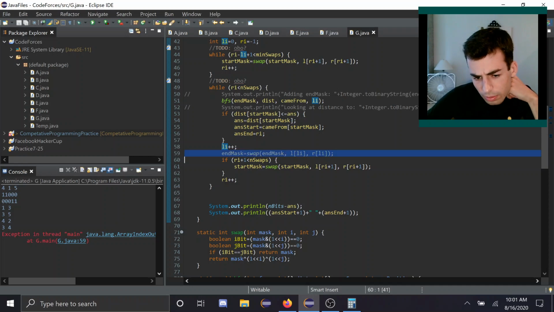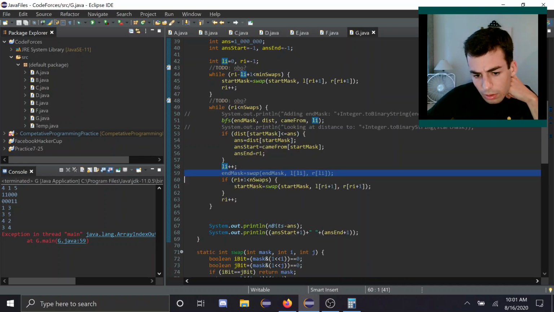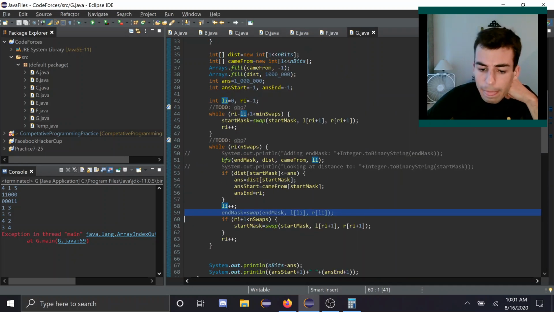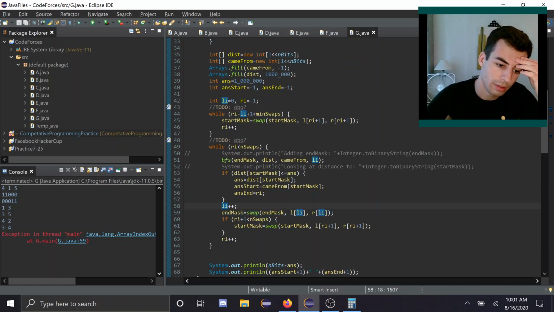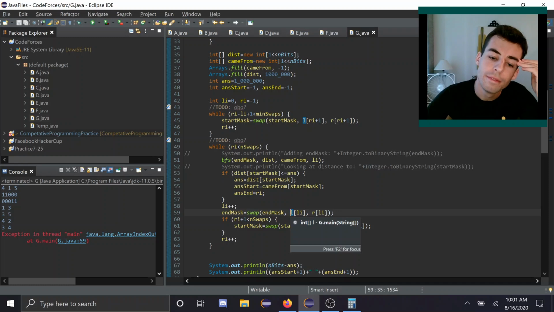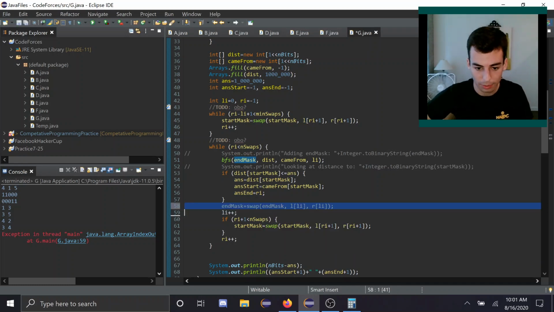Wait a minute. Hold on a minute, what? This wasn't even right. It starts at 0, which means we have to do the 0 with swap first.